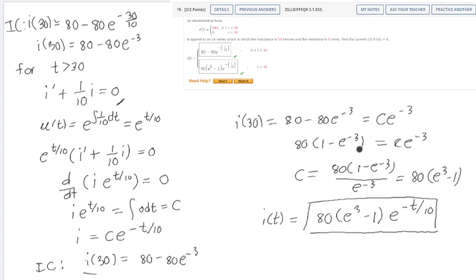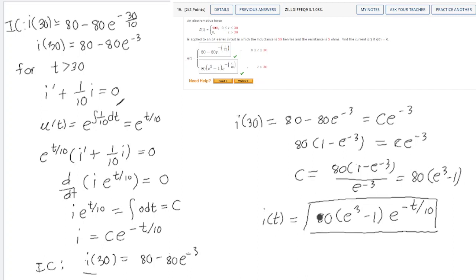So to solve for c, we just divide both sides of the equation by e to the negative 3. That's why we have 80 times (e cubed minus 1), because 1 over e to the negative 3 brings the e to the negative 3 up and changes the negative to positive. That's why we have e cubed, and e to the negative 3 over e to the negative 3 is just 1. That's why this is our value c.